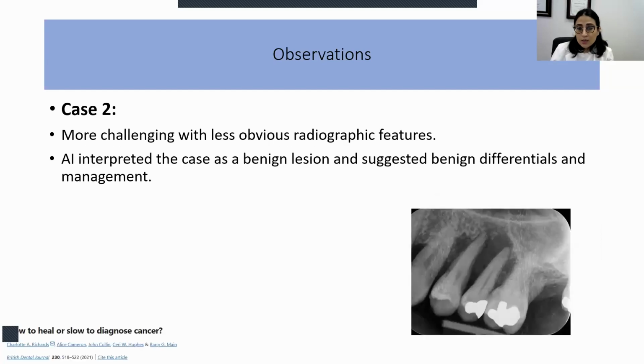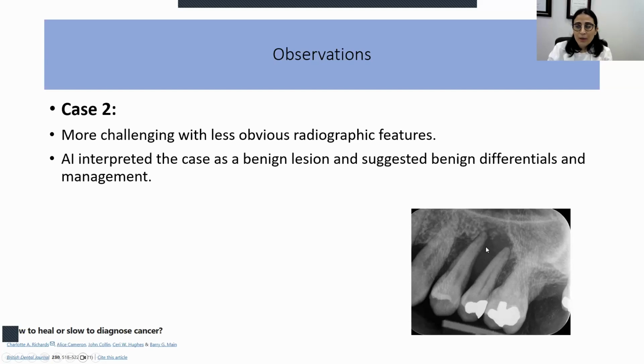For the second case, this is a periapical radiograph, and this one is a little bit more challenging. It's not as straightforward as the first one. It has challenging features because the borders are not as easily detectable when compared with the previous one.